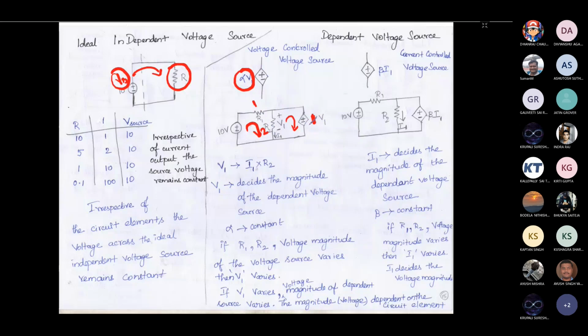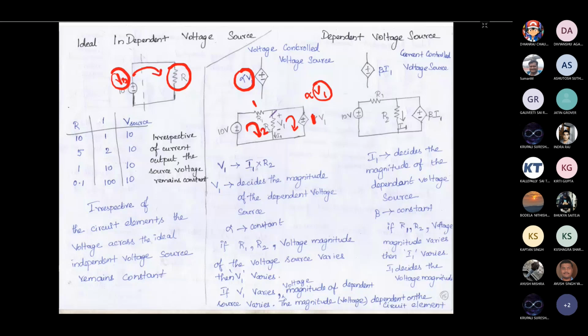So now you can see it is mentioned as alpha into V1. What is V1? V1 is the voltage across the resistor R2. If we are applying a 10 volt source here, then because of that some current will flow, because it is a circuit and the complete path is closed.